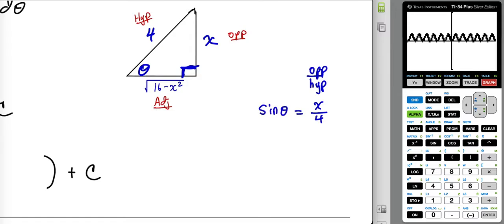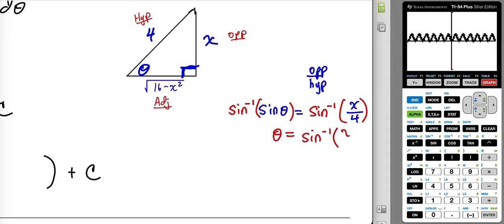All right, if I just want the theta, then what I would have to do is find the inverse sine of both sides. In which case I would get theta is equal to inverse sine of x over 4.